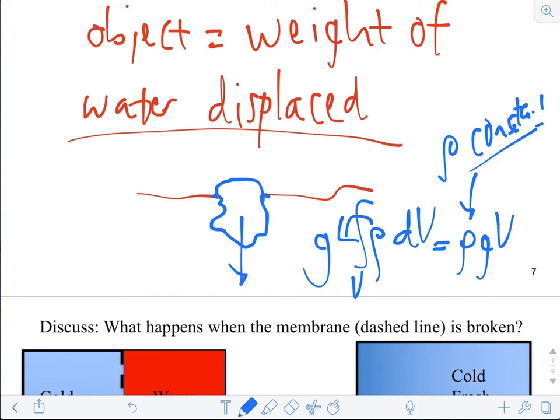So it doesn't matter what the shape is. Here, the underwater volume is the volume of this thing right here. The volume of that underwater portion, that's the amount of water that's moved out of the way or displaced, and the weight of that water is rho g times that volume of underwater portion. And that's equal to mg, the weight of the object, the gravitational pull on that object.